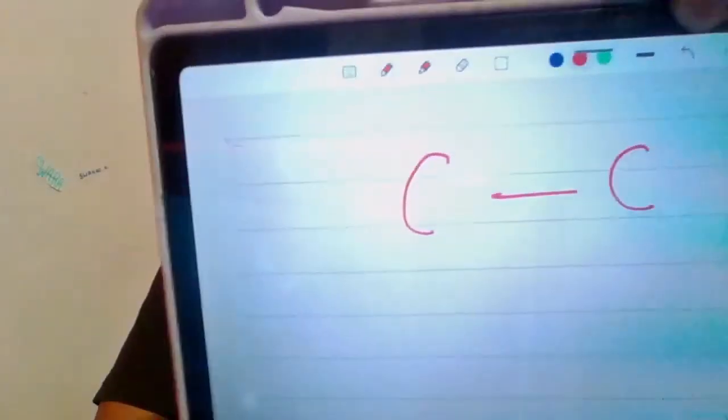Carbon can form, just a second. Okay, let me manage this screen and minimize it. Okay, no problem. So carbon can form this type of single bond. In a single covalent bond there are two electrons shared, one from one carbon and one from the other carbon.